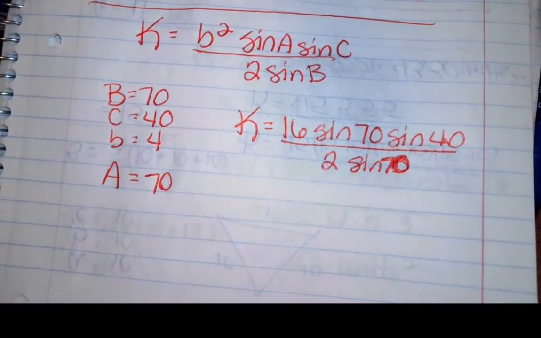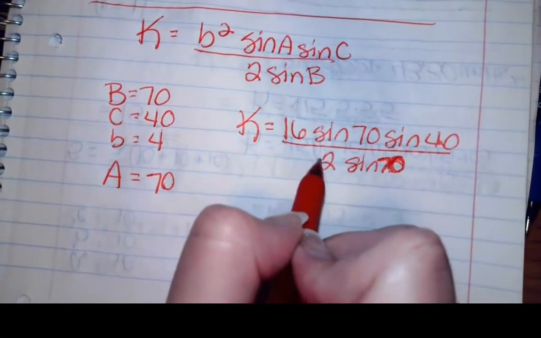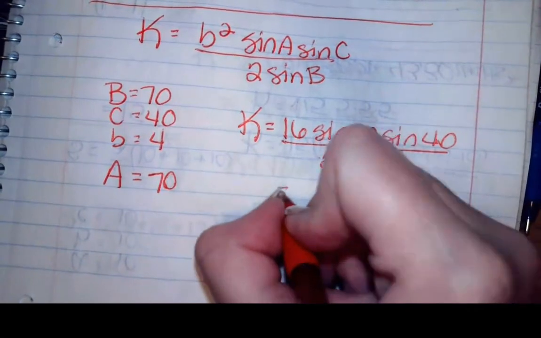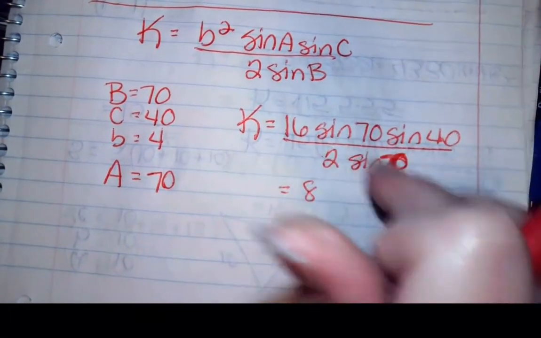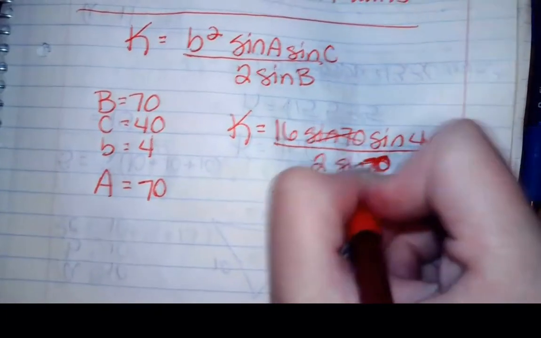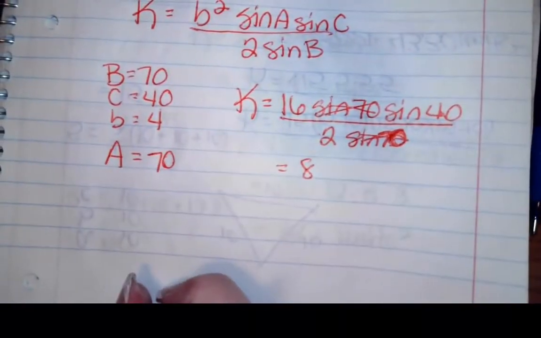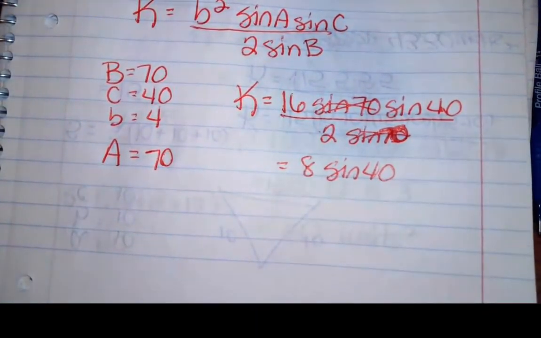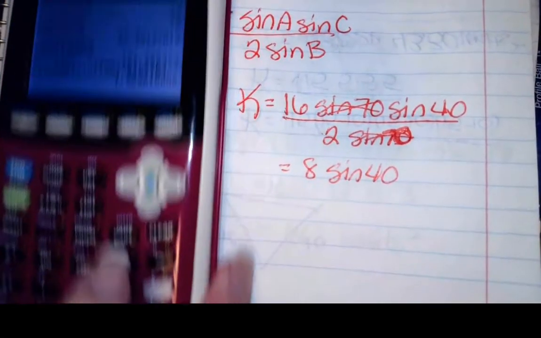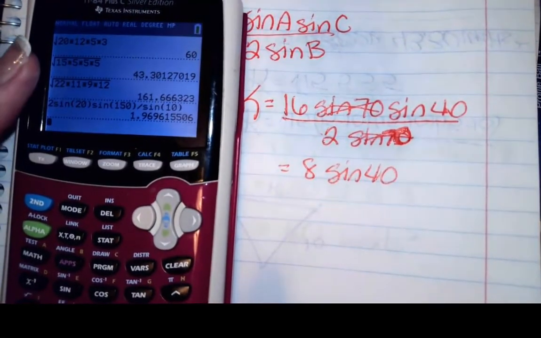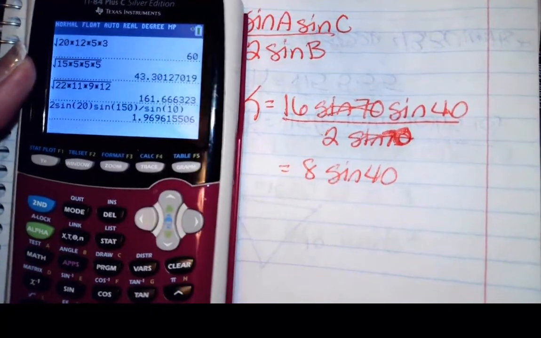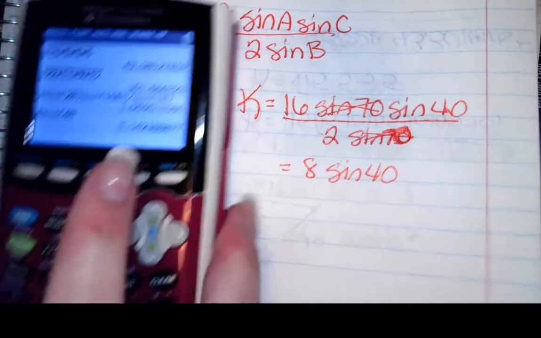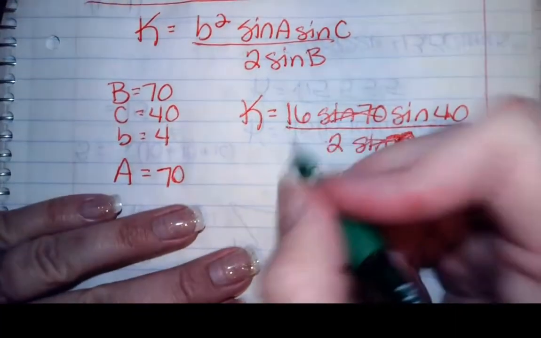And I'm always looking to be a lazy math person. Well, 16 over 2 reduces to 8. And then sine of 70 divided by itself is 1. And then I get the sine of 40. And I'm only doing that because it makes my life easier when I'm entering it in the calculator. So 8 times the sine of 40 gives me 5.14 square units.